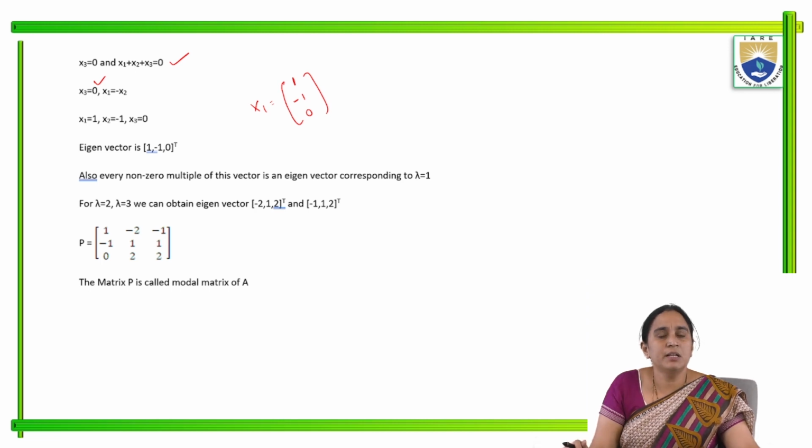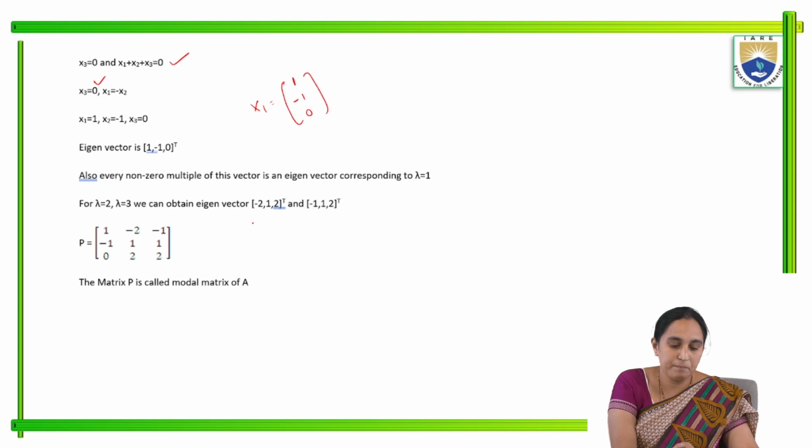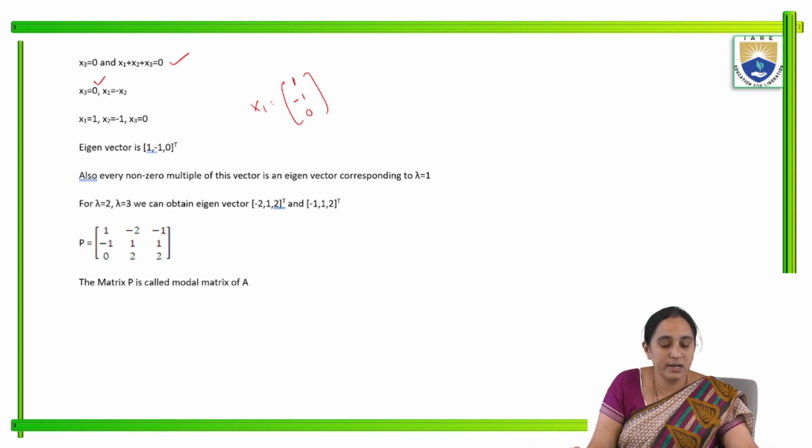Next, similarly, we have to find the two other distinct eigenvectors. The same concept applies: for finding eigenvectors, (A minus lambda I) x equals 0. If lambda is equal to 2, we get the eigenvector (-2, 1, 2). And if lambda is equal to 3, the eigenvector is (-1, 1, 2).